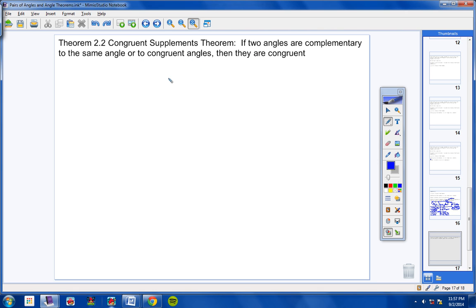And so here it is. This is really simple, guys. Let's say this angle here is angle 1. I would write this down if I were you. This angle here is angle 2. And we're going to say this angle here is angle 3. And we're going to say angles 1 and 3 are complementary. Angles 2 and 3 are complementary.